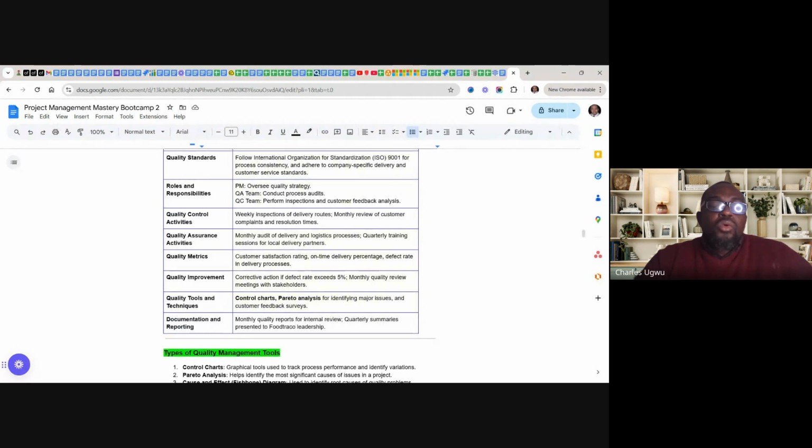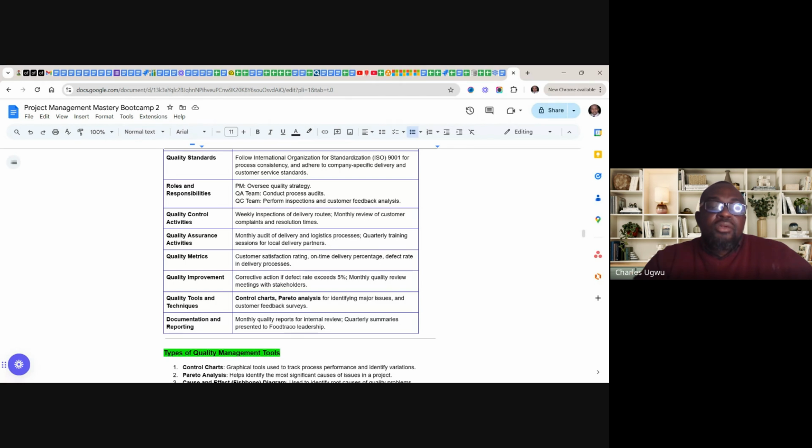Then quality tools and techniques: number 1, control charts. Number 2, Pareto analysis to identify major issues, and customer feedback survey.